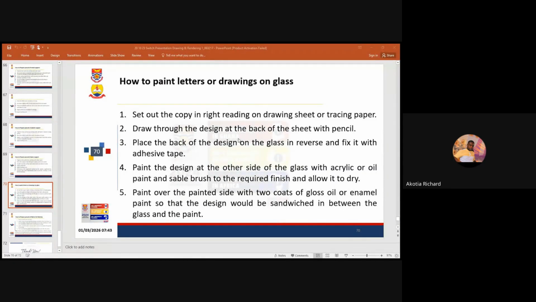I want to turn it the back. I just want to get it right.